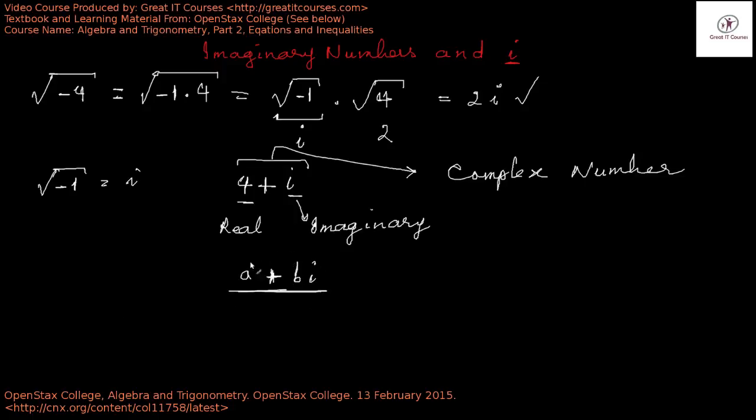So a complex number is a number of the form a plus bi, where a is the real part and bi is the imaginary part. If b is equal to 0, then you're left with a real number. If a is equal to 0, then you're left with bi, and this is called a pure imaginary number, which means that you don't have the real part.